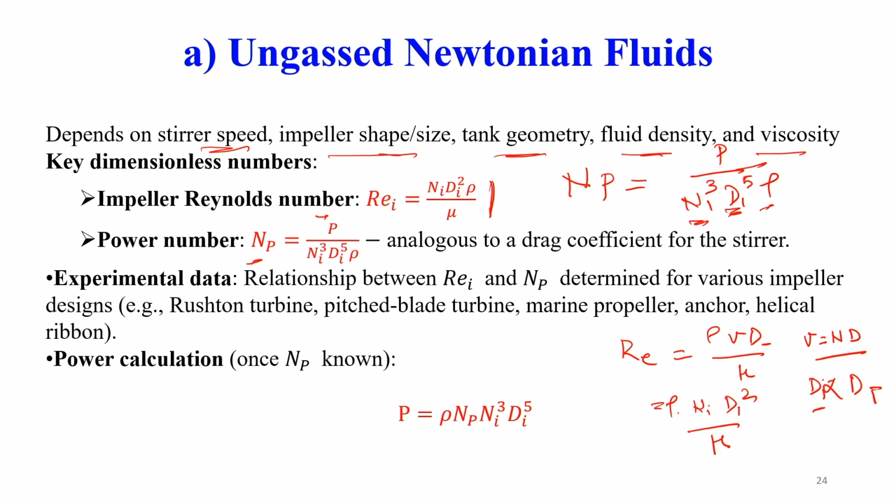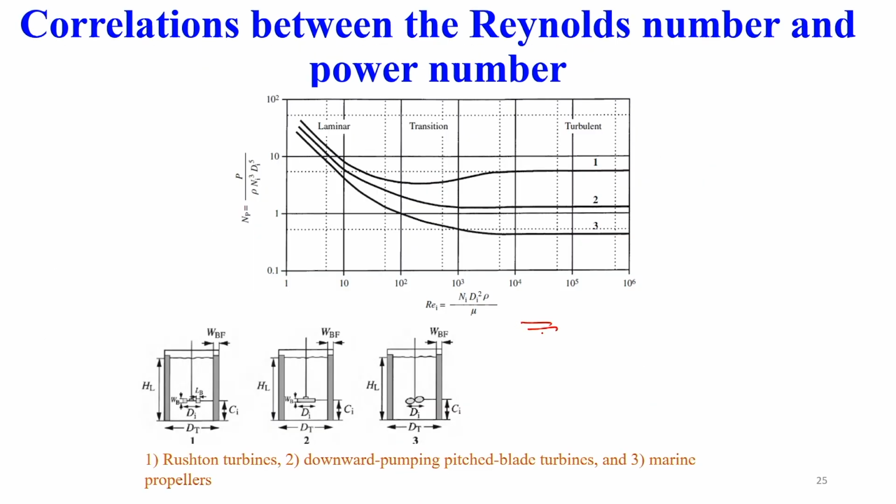So, if power number is known, we can calculate the power as NP times rho Ni cube Di 5. Only power number is required, density is known, impeller speed is known, impeller diameter is known. So, if power number is given, we can quickly calculate the power requirement. Power number has been tabulated based on experimental data for different types of impellers, and that is available in the textbooks.